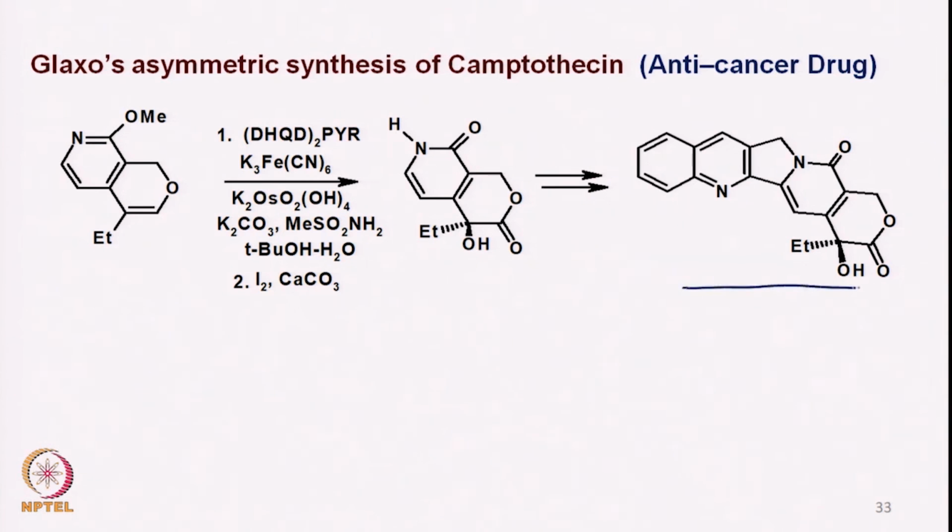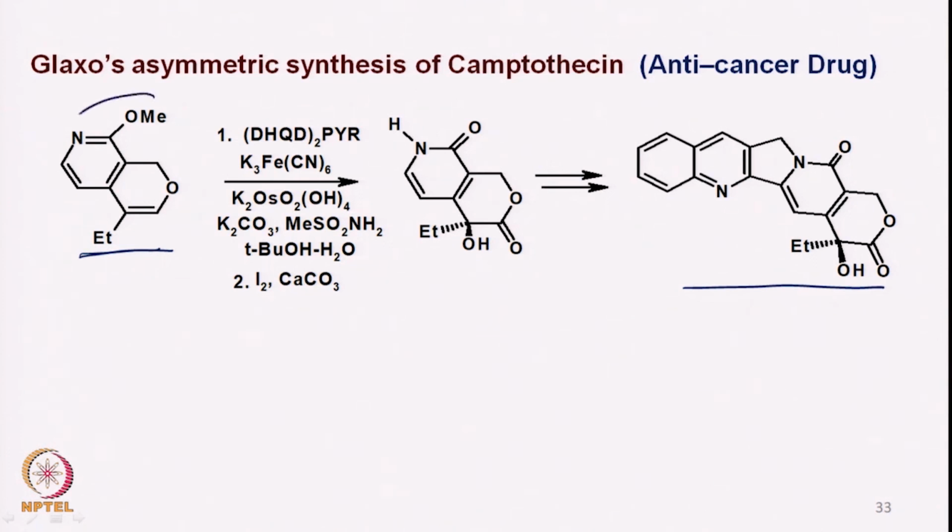make an anti-cancer molecule such as camptothecin, where this particular olefin was dihydroxylated, and as you can see, the dihydroxylation leads to the formation, as we can see from here.